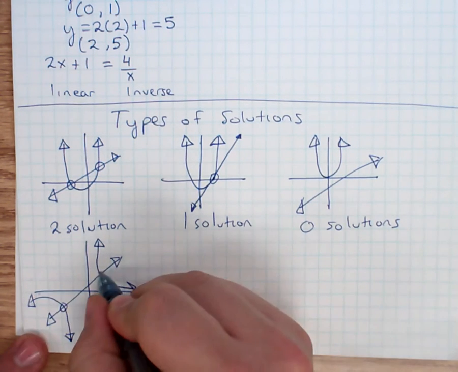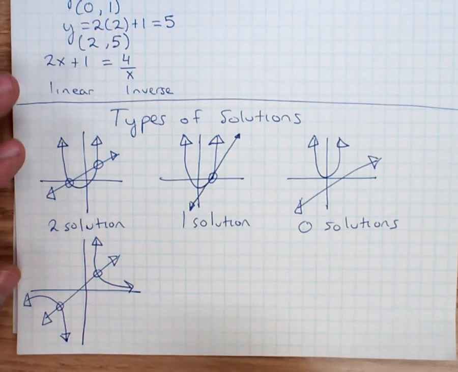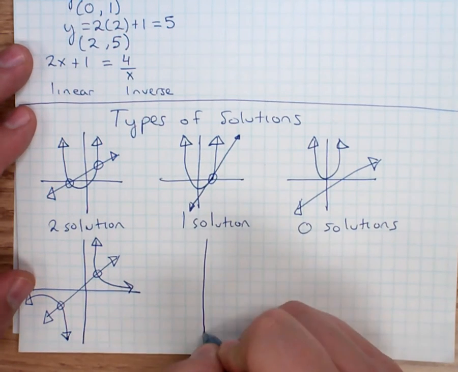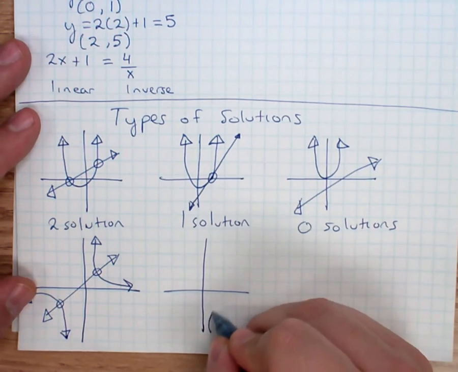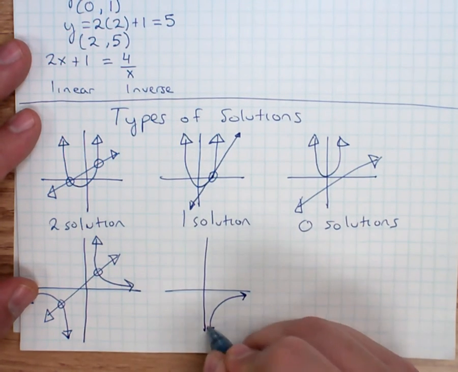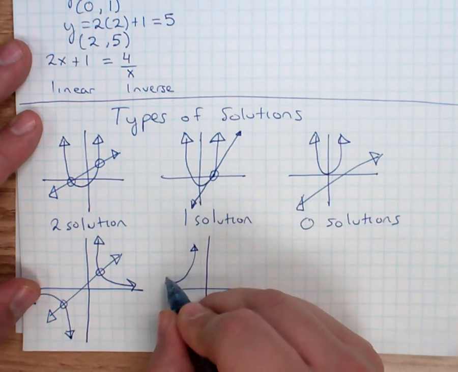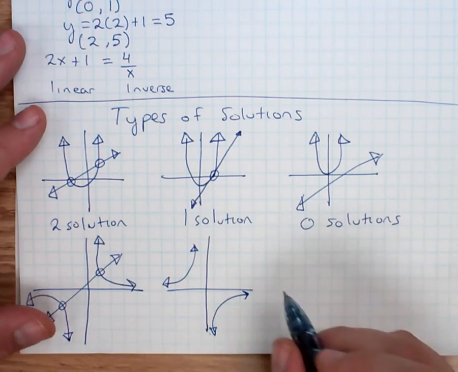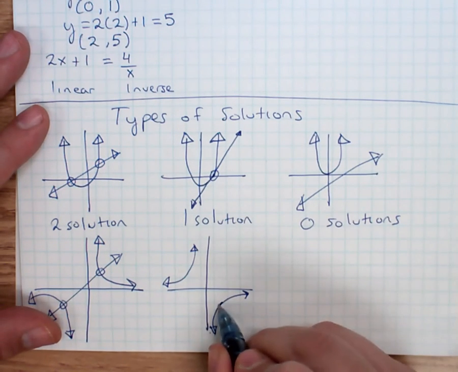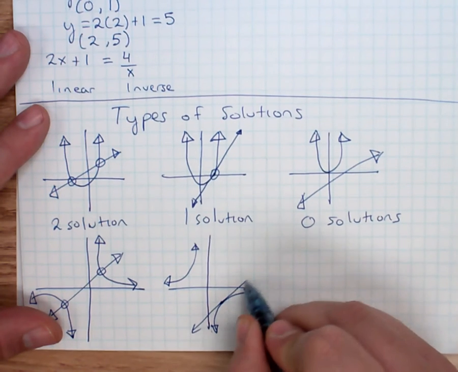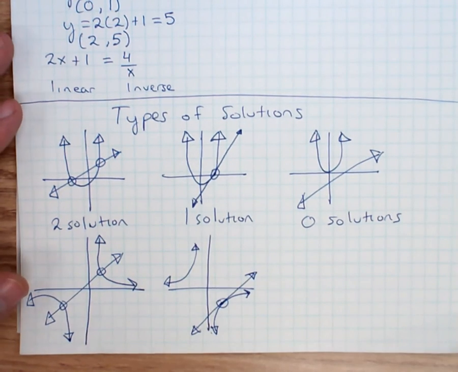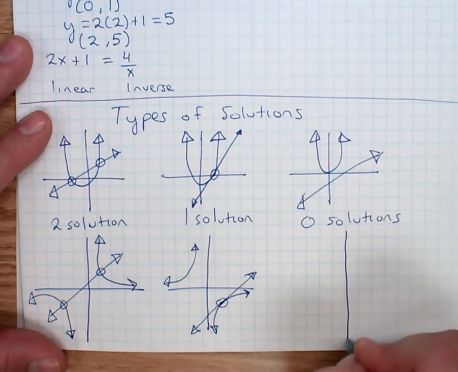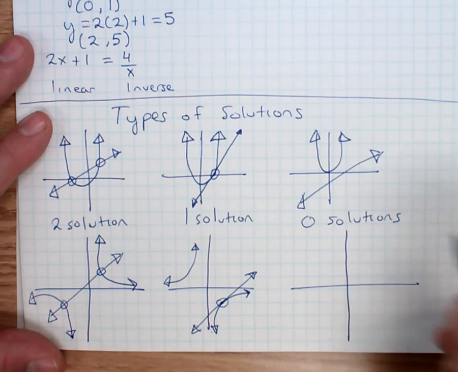The big idea, they intersect. Okay, let's say we have 1 solution. Once again, we have a glancing hit off the side. And then I would say for these inverses, no solutions is pretty easy to picture.